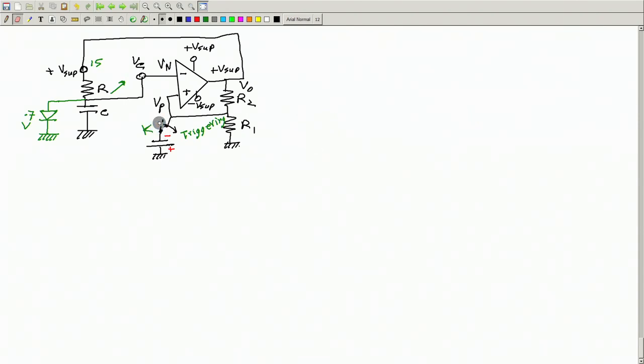See, instead of having this, what we do, we will apply a voltage here.